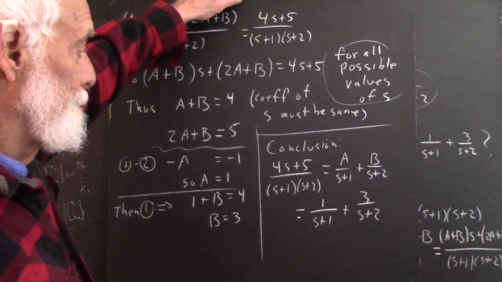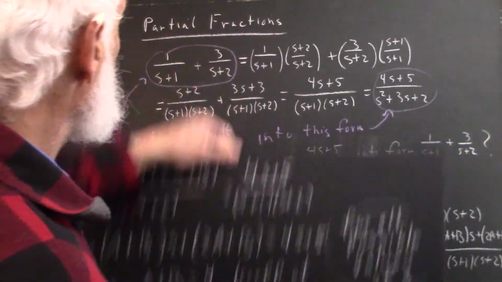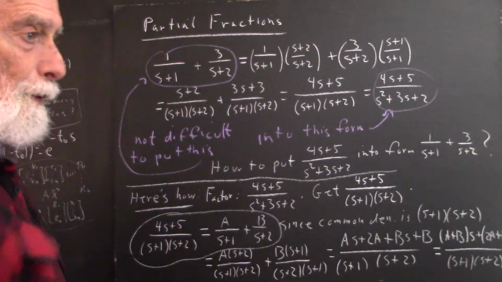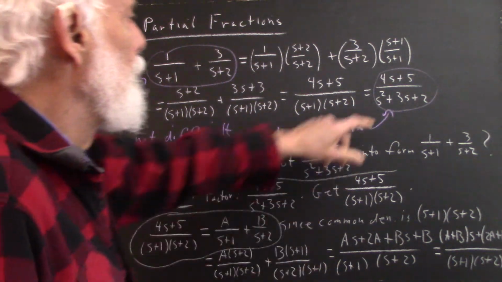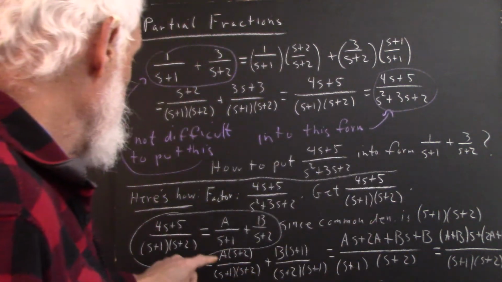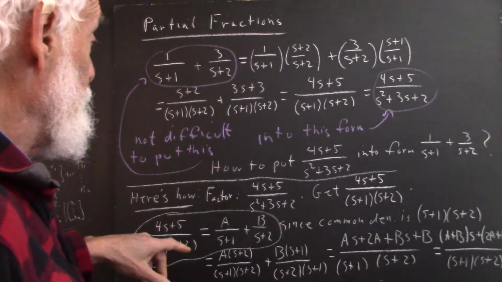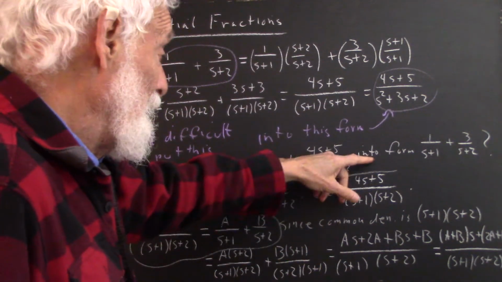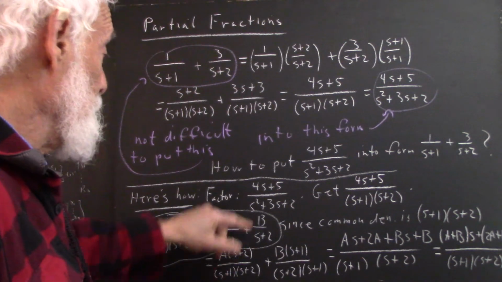And of course, this expression is what we started with. So from this expression, we factored the denominator to get this. Then we said that, well, anything over this times this has to be something over this plus something over this.